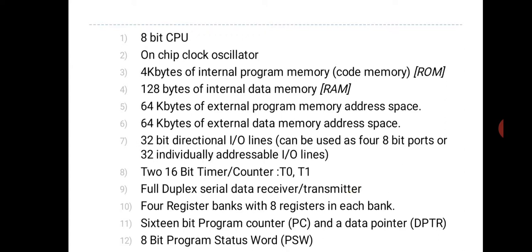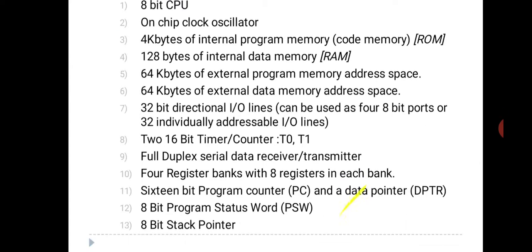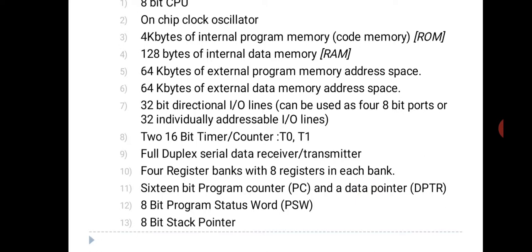Like each port has 8-bit pins, so four ports will give you 32 bidirectional IO lines. So these 32 lines are individually addressable.